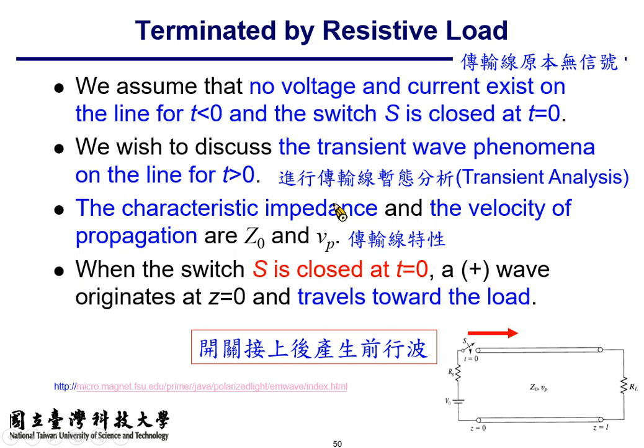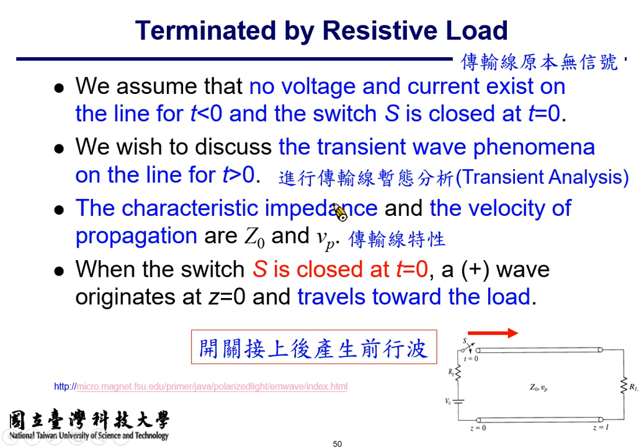The characteristic impedance Z sub 0 and the velocity of propagation Vp are very important to the transient analysis. So we will look into this problem starting from t equal to 0.